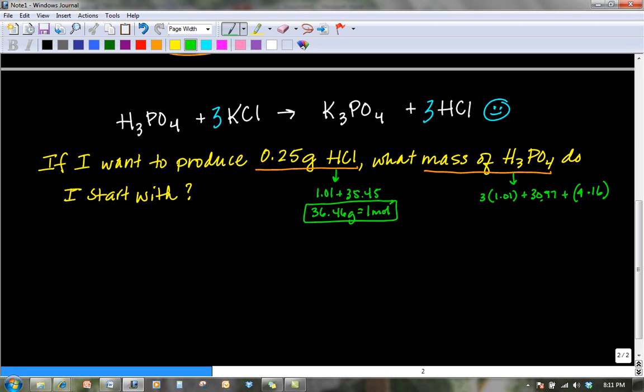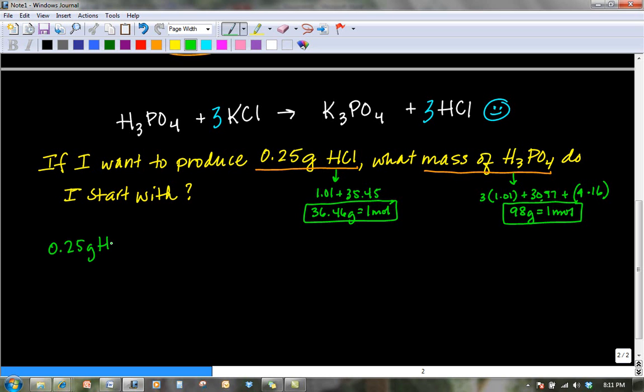And when I add all of those up, I get 98 grams, which is equal to 1 mole of this substance. Okay, so I'm going to start with what I'm given, change the given mass to moles, use the mole ratio, and then change moles of the new compound to grams of the new compound.